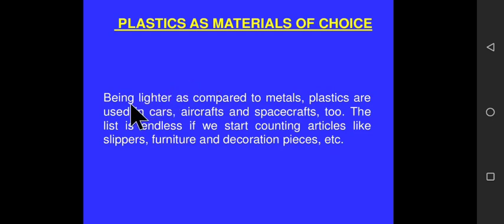Plastics are lighter as compared to metals, and plastics are used in cars, aircraft and spacecraft too, and the list is endless if we start counting the articles, like slippers, furniture, decoration pieces, etc.